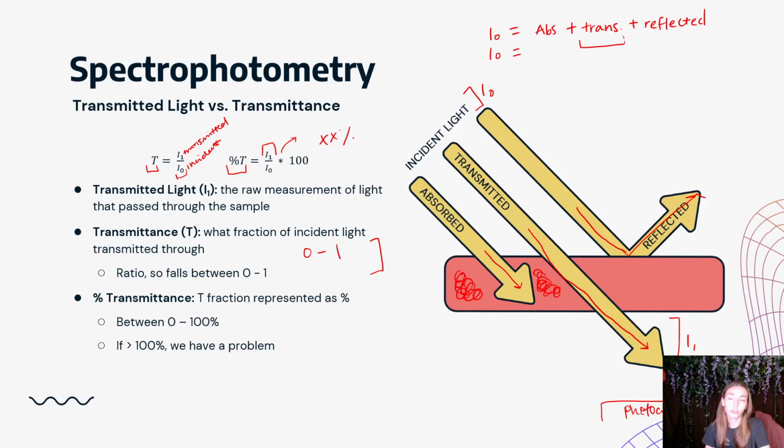Transmitted light should never be greater than the amount of light that you're physically putting into the system, right? Transmitted light should only be a portion of that total light. If you have a transmittance greater than 1, that implies that your transmitted light is greater than I naught, because that's how ratios work, right?